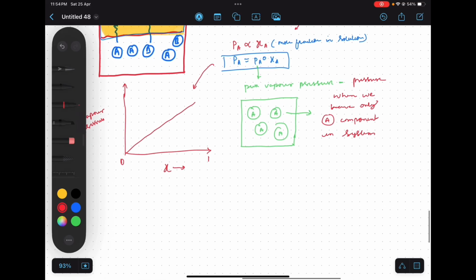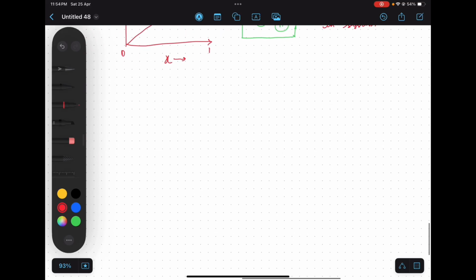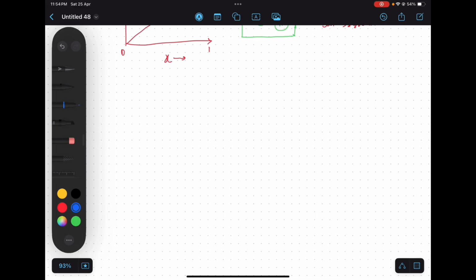Now moving to the B component. By Raoult's law, PB is the partial vapor pressure by component B over the solution.